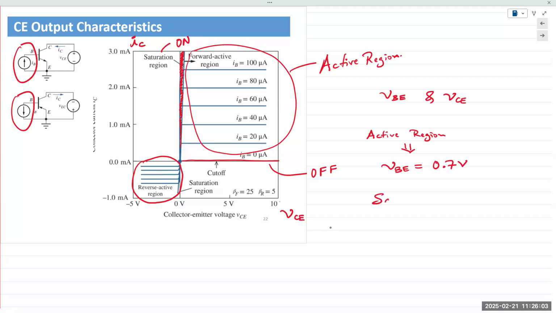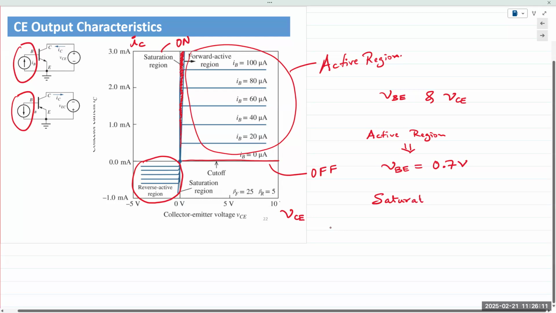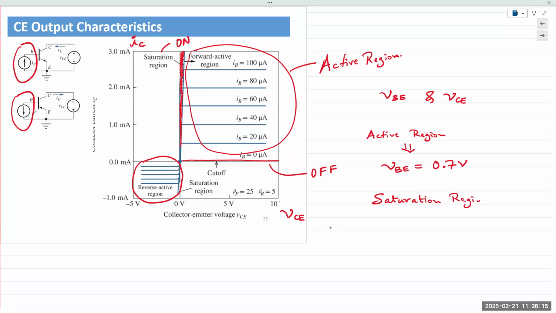And then in saturation, what do you notice about VCE? Saturation region is to the left. Right? Saturation region is to the left.